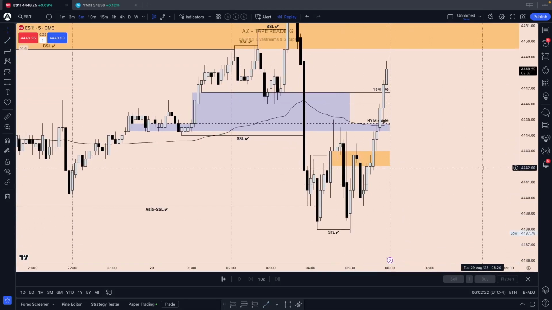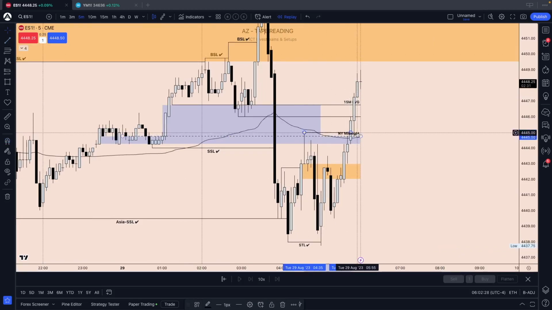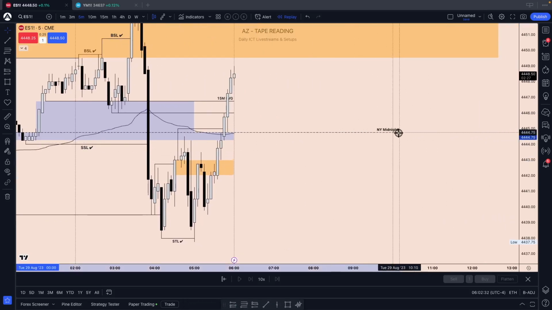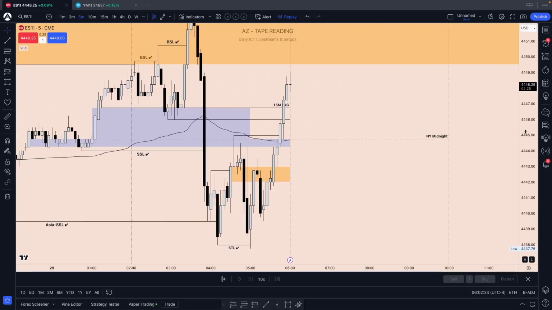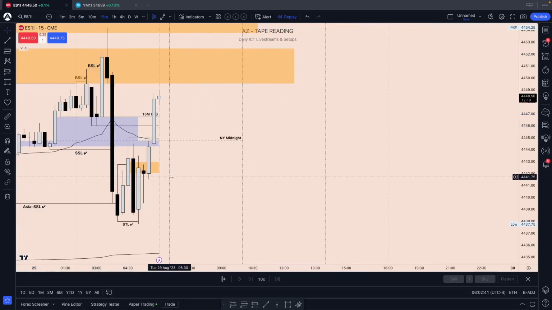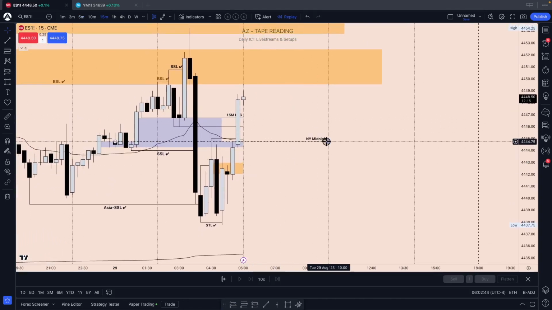Let's see, so we cleared the short-term low. So right here, this would be a YouTube model. We shifted market structure. Let me extend that New York midnight out, so an outlook for maybe the early AM session. But let me get rid of these. So let's check the 15 first, because the 15 is usually a good time frame to stick to.